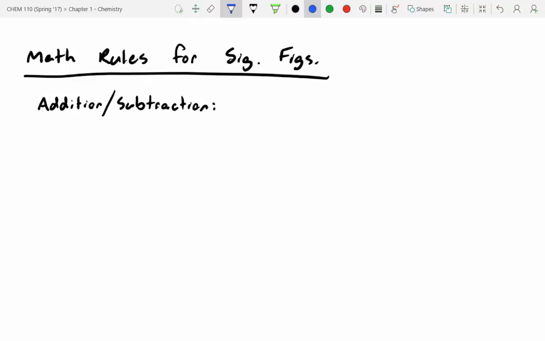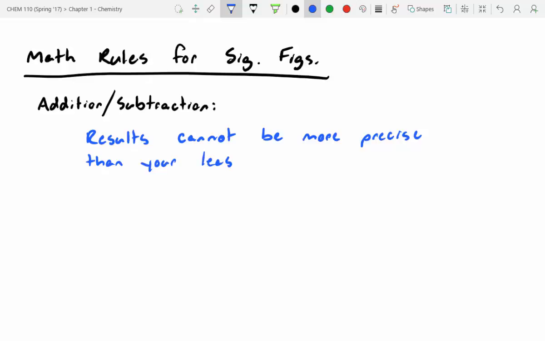And the rule states your results cannot be more precise than your least precise measurement. And I'll show you guys what I mean by this.